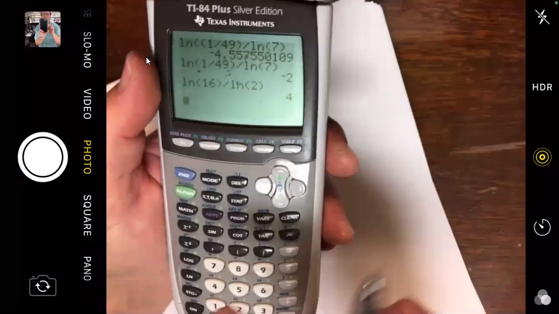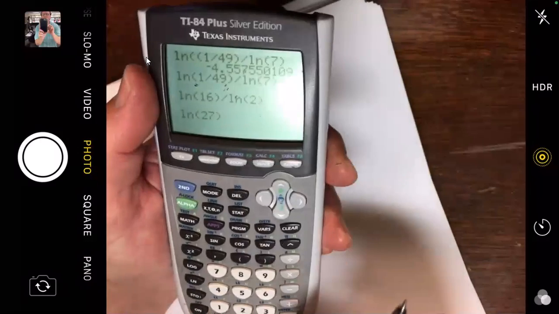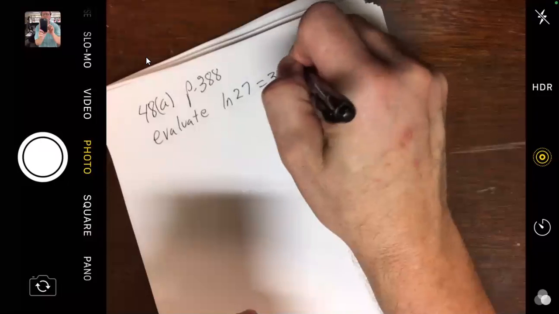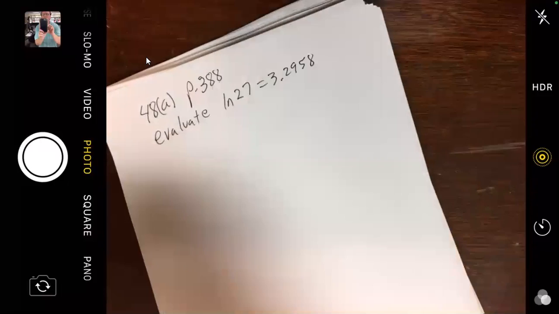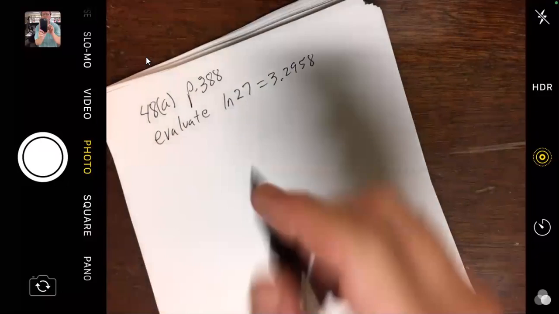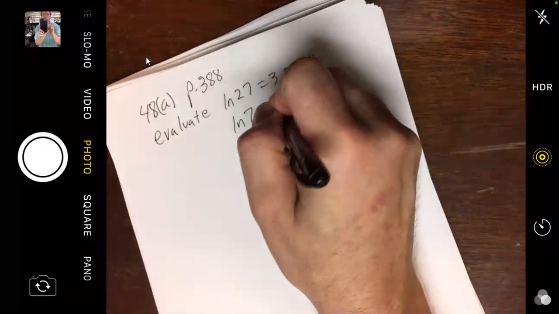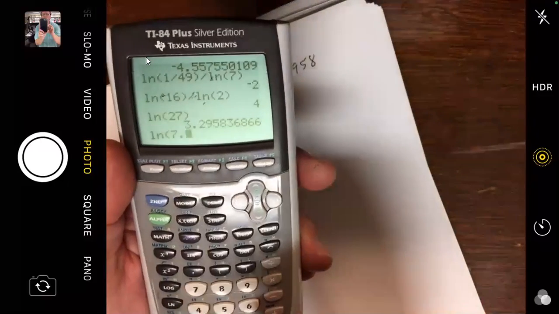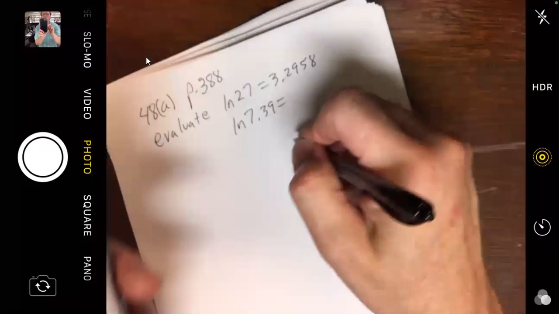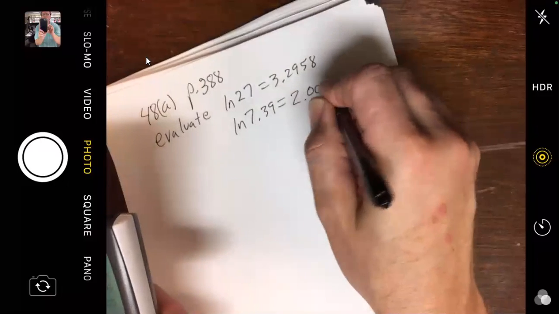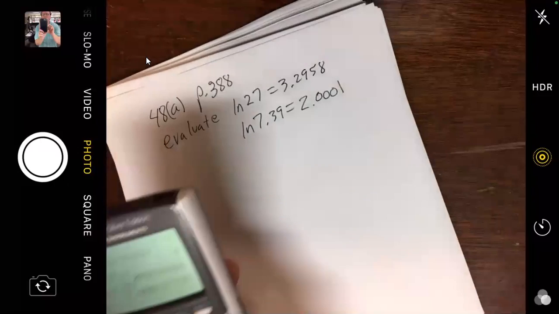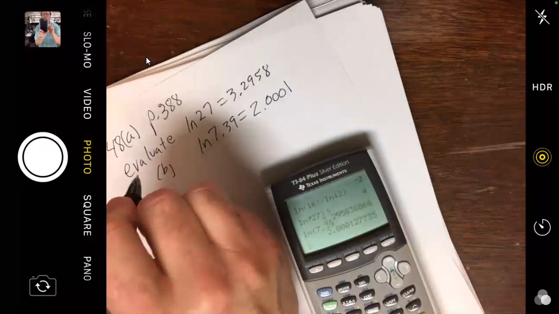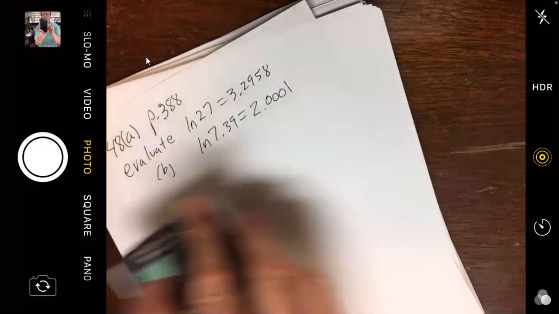Punch it when it shows ln 27. 3.2958. ln of 7.39. 2.0001. And that was part B. C is ln of 54.6.